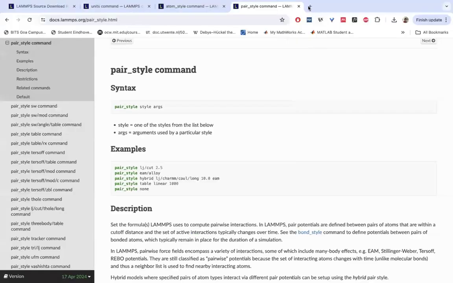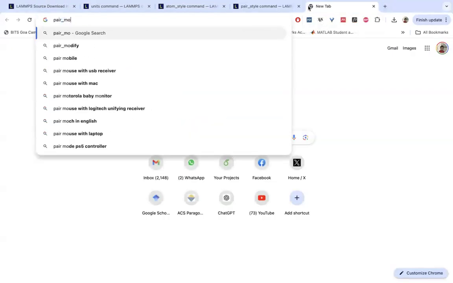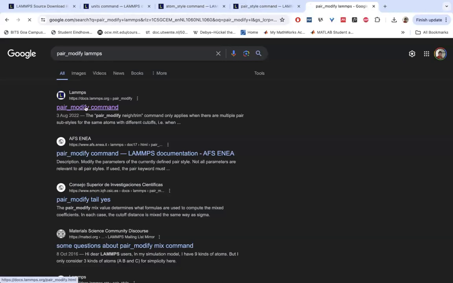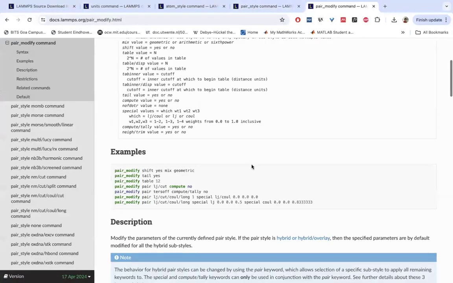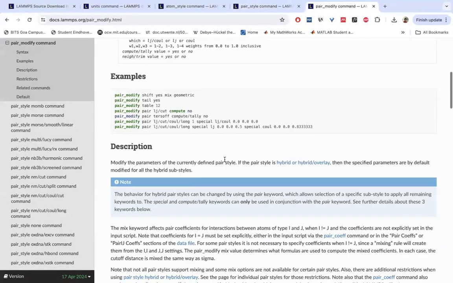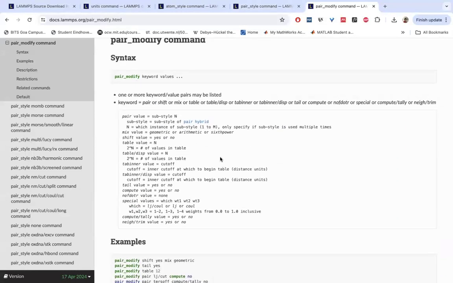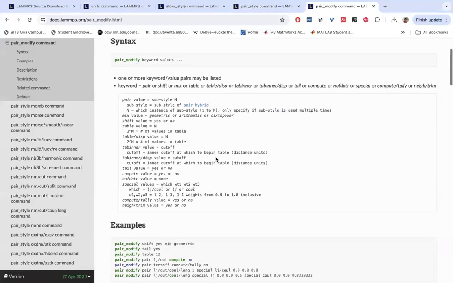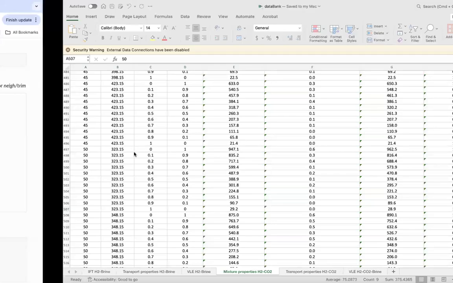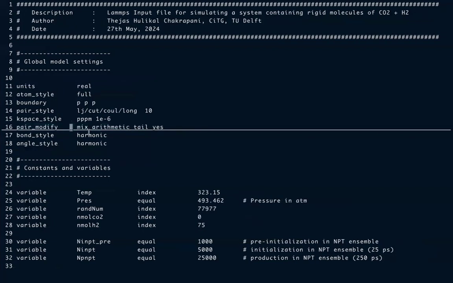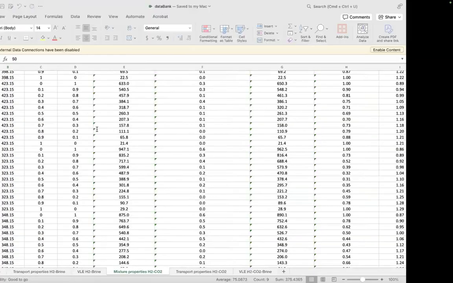What I mean by this is, let us say that you have two different molecules, say hydrogen and carbon dioxide, which we want to use later on. Then it basically tells you that you're going to use a mixing rule that is arithmetic in nature.